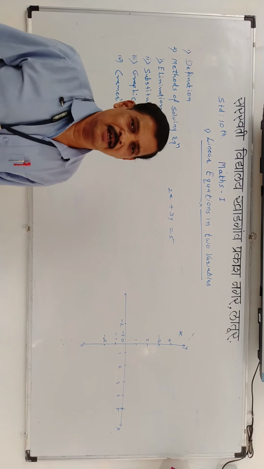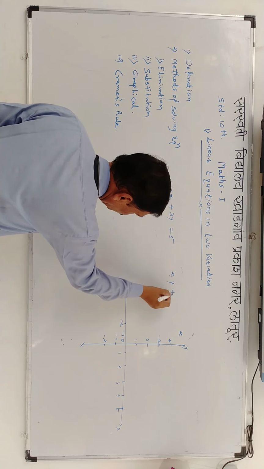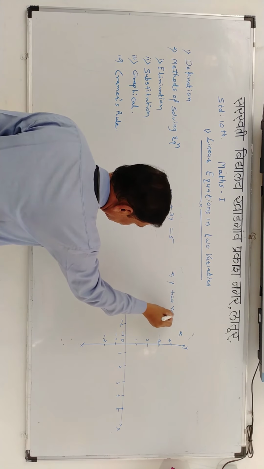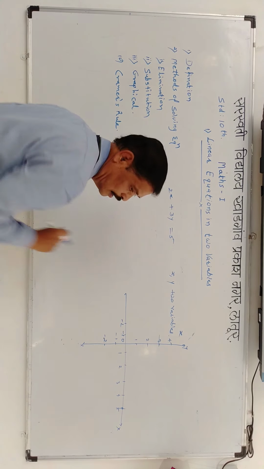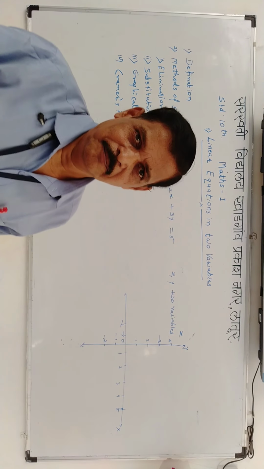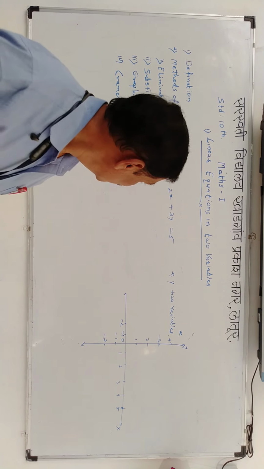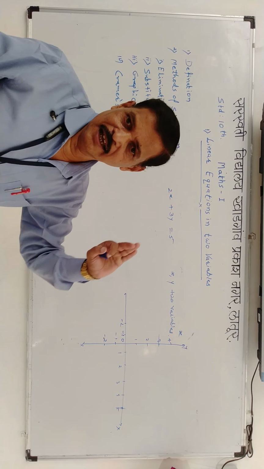Two variables are there, x and y are two variables. Both variables have degree 1, and there is a constant and an equal to sign.